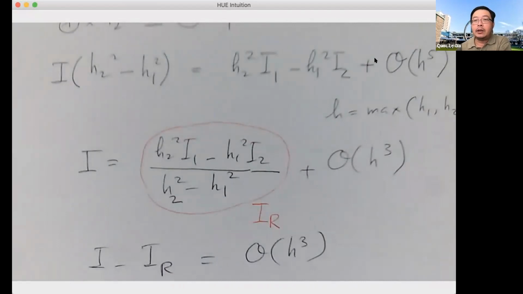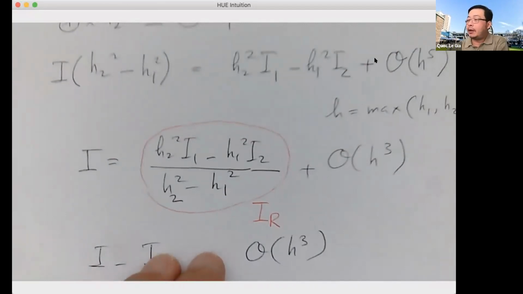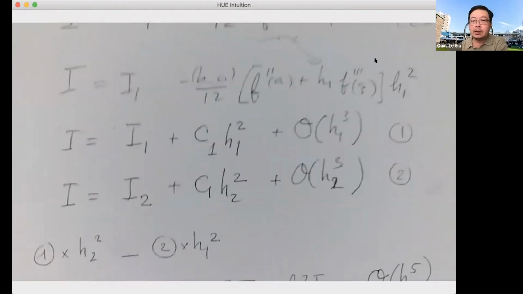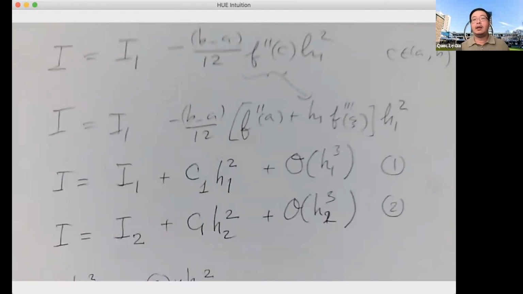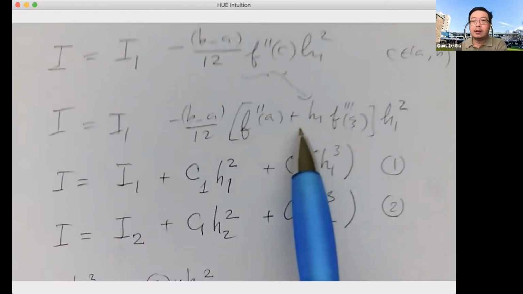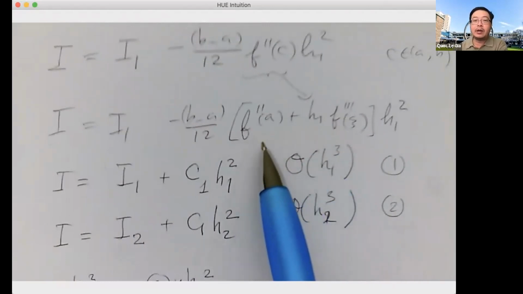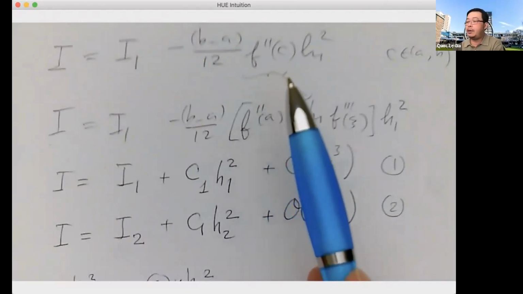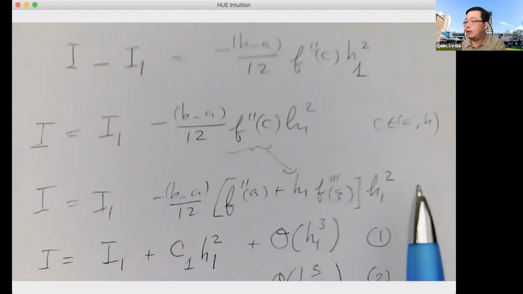How do I come up with the Taylor series like that? Well, maybe not the Taylor series, but the mean value theorem. If you go back to this line, you just apply the mean value theorem for f double prime over the interval [a, b].